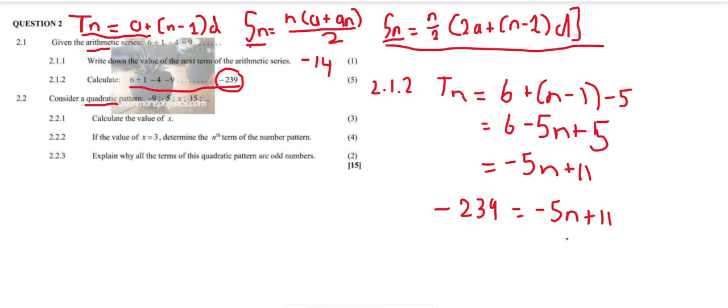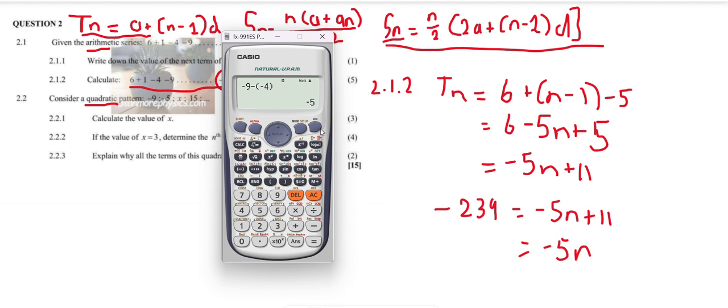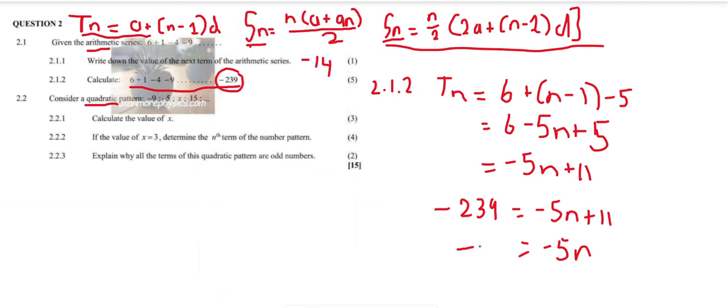Now we're trying to transpose the 11, so we're going to have negative 5n equals, so let's open up our calculator, negative 239 minus 11, which gives us negative 250.